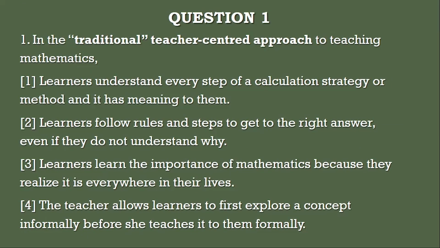Or learners follow rules and steps to get to the right answer, even if they do not understand why. Learners learn the importance of mathematics because they realize it's everywhere in their lives. And the teacher allows learners to first explore a concept informally before she teaches it to them formally. So in that traditional way, which one of these? I will come to a little bit of explanation just in a while.